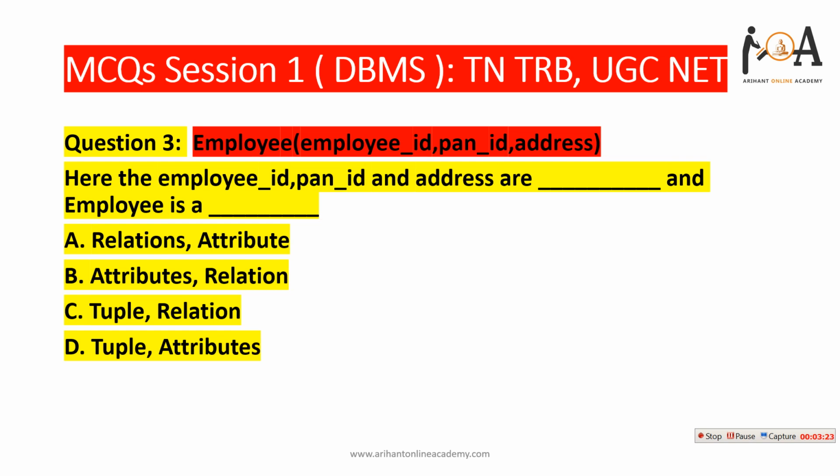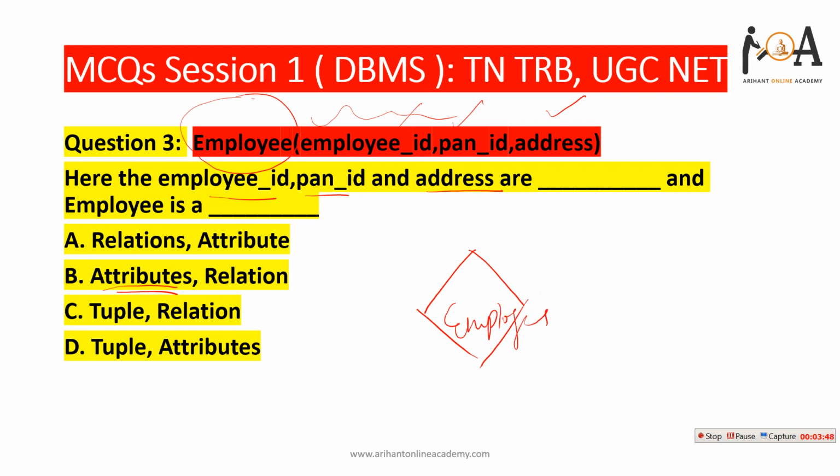Question third, the command is given to us: employee ID, PAN ID and address, and what we are asked here is what employee ID, PAN ID and address are. You all know that these are attributes, and employee, you can say, is a relation. So the relation is employee, isn't it?